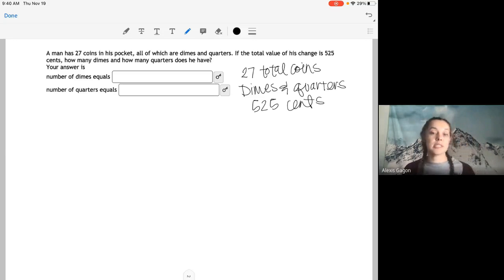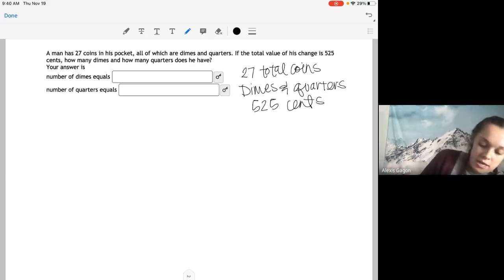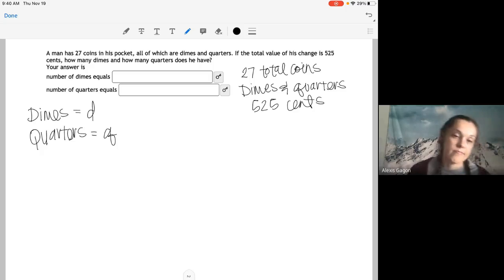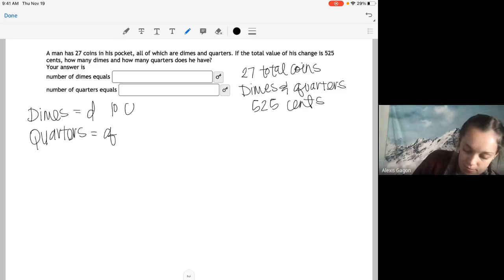So we don't have to deal with decimals because we're just doing this with cents, which is easy for us. So we have two variables here: dimes and quarters. Let's call the dimes D and the quarters Q. Makes it pretty easy. Each dime is worth 10 cents, and each quarter is worth 25 cents.